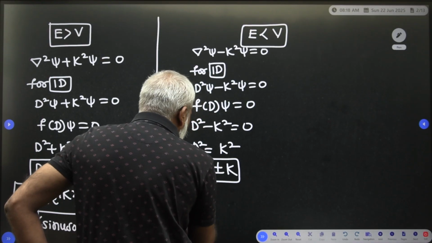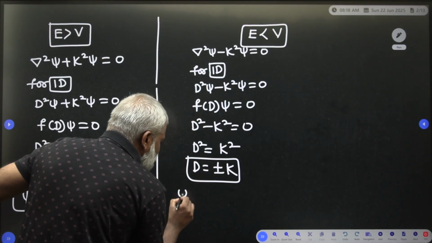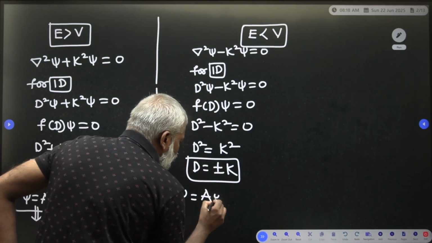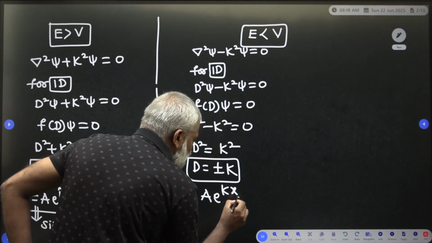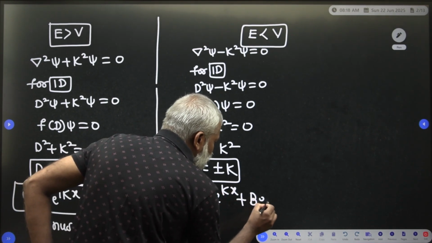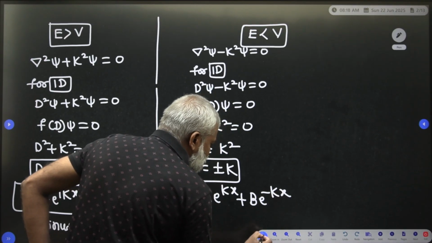So therefore, your solution is psi is equal to a e to the power of kx plus b e to the power of minus kx.